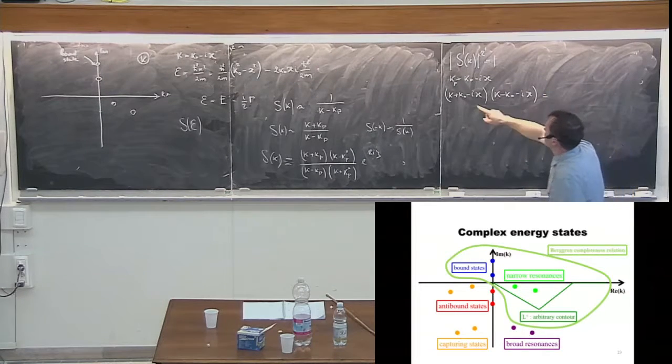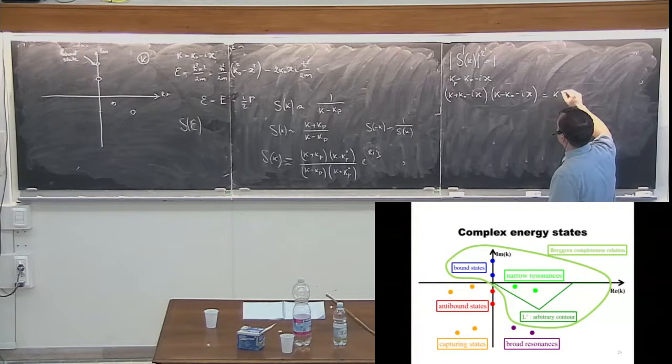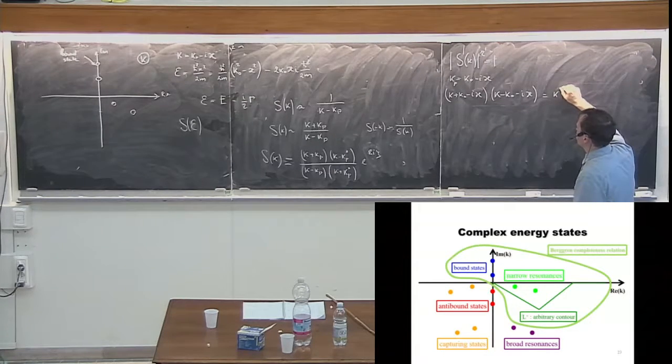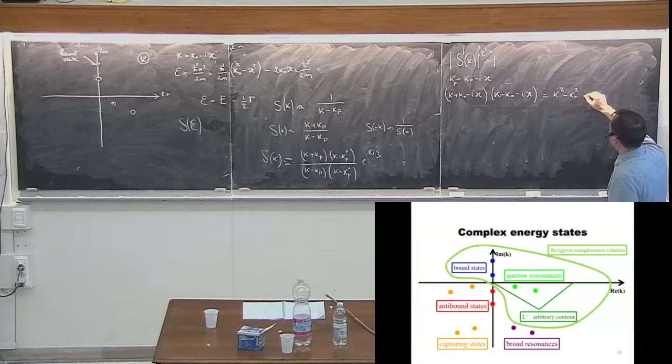If I square it, for the real part I have k squared minus k naught squared minus kappa squared. And for the imaginary part, I will have minus i kappa multiplied by k plus k naught plus k minus k naught. So this is just the numerator.